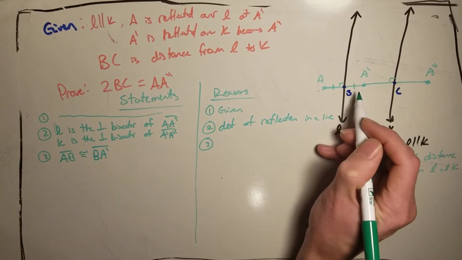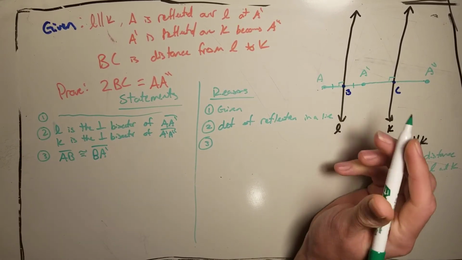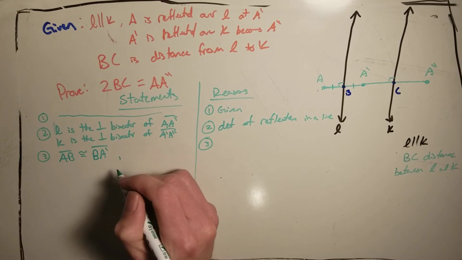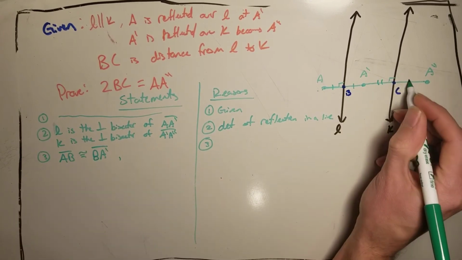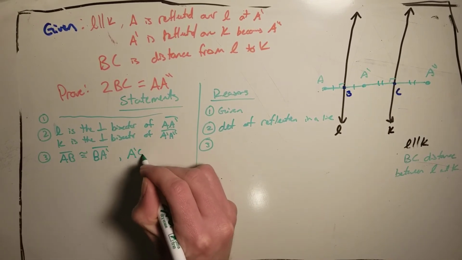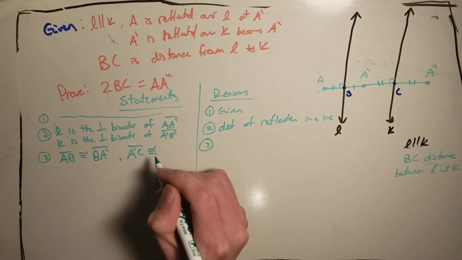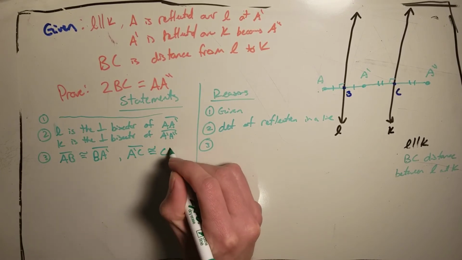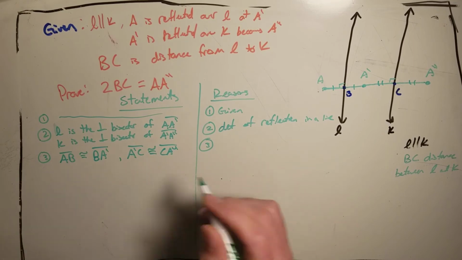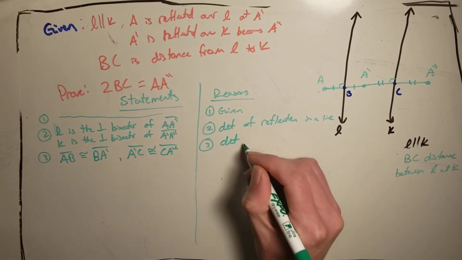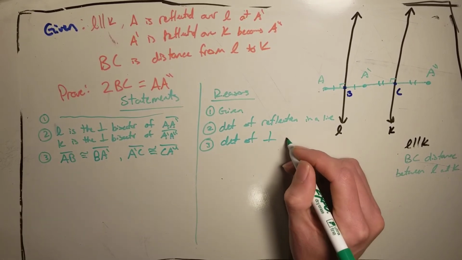So these two are congruent to each other. So it means to be the perpendicular bisector. And we also know the same over here. So from A prime C, from that segment, that's going to be congruent to C A double prime. And that's the definition of a perpendicular bisector.